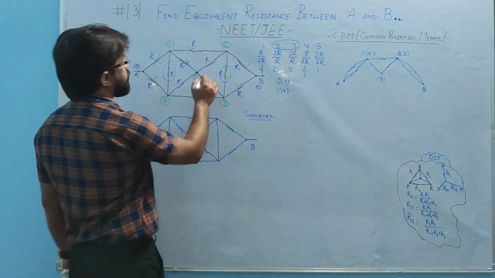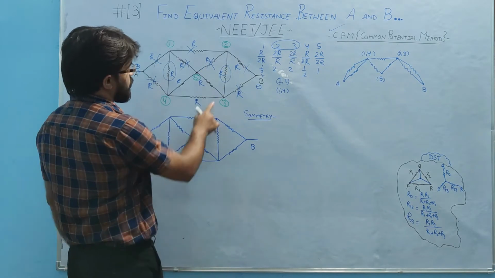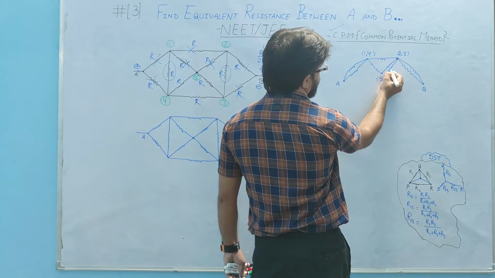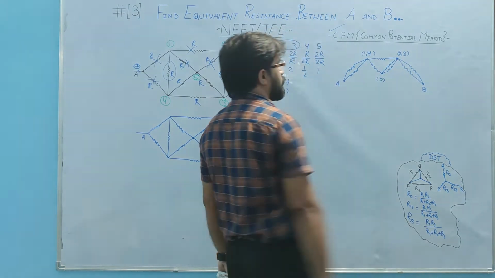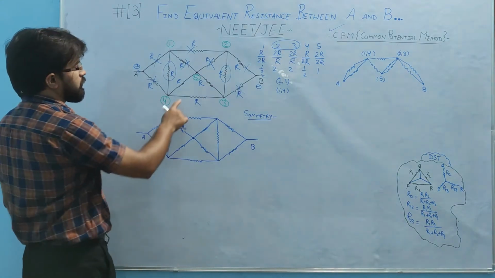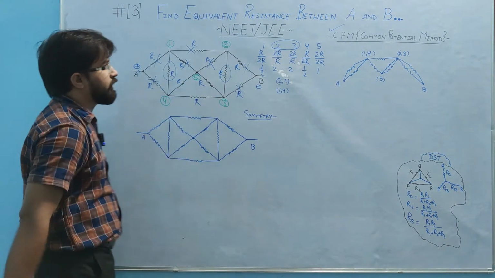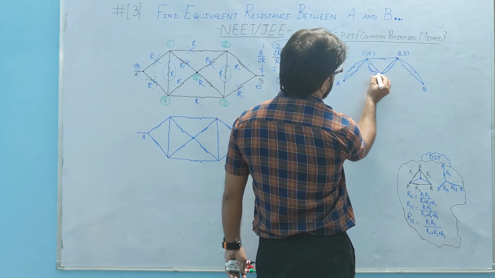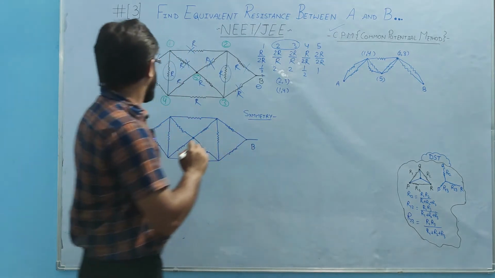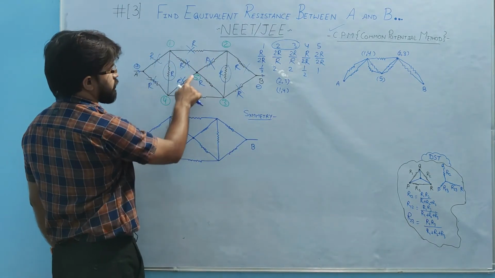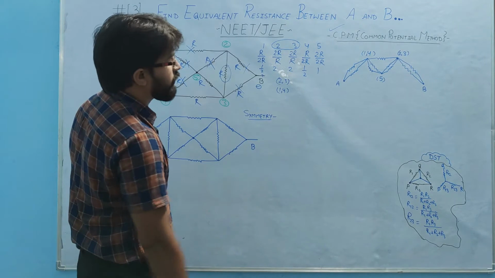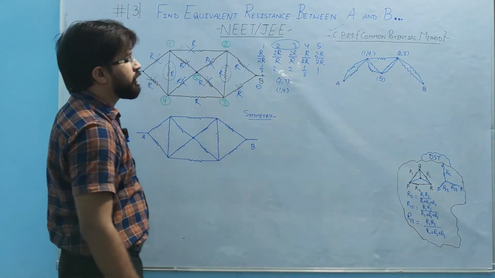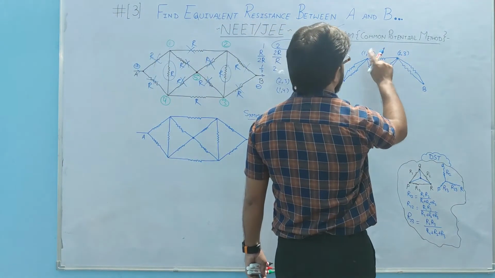And 2 to 5 we have connected. 3 to 5 is this one. 5 to 4 we have used, 5 to 3 we have used already. 3 to 4, yes, 3, and this is 4.